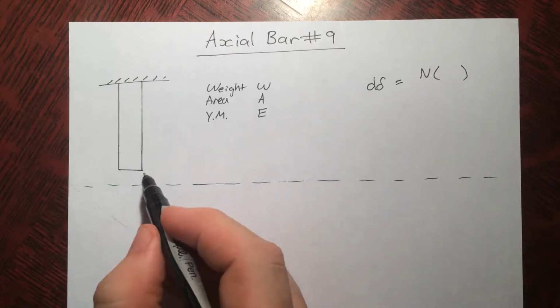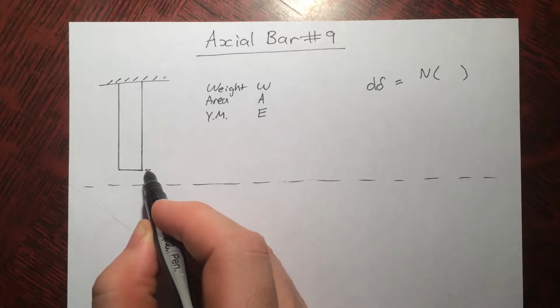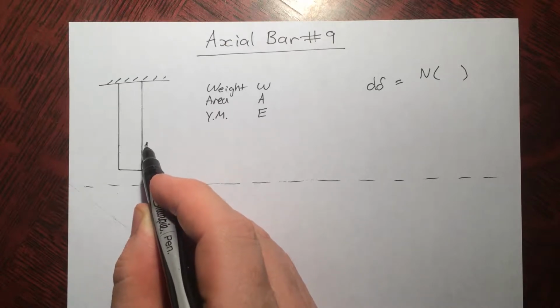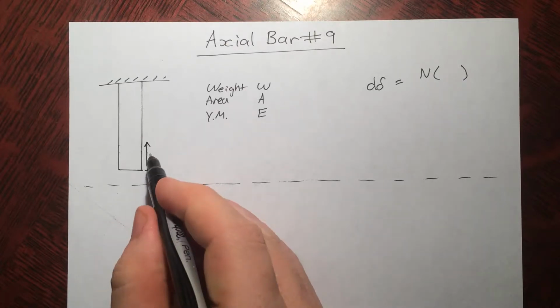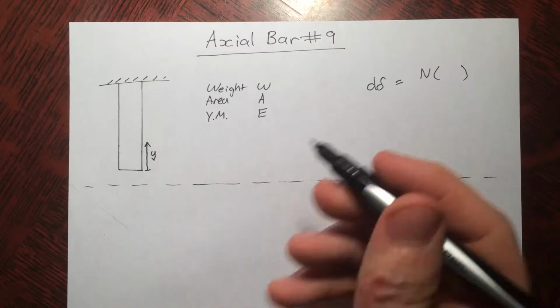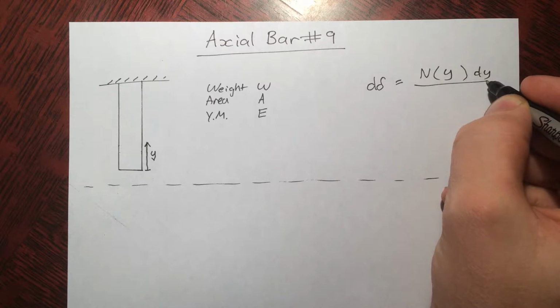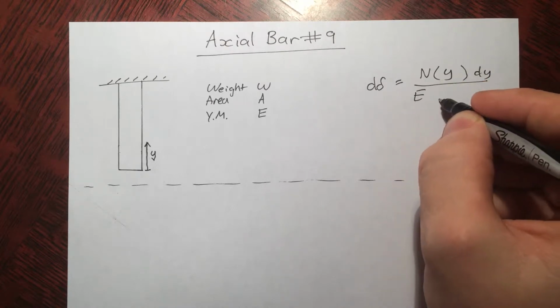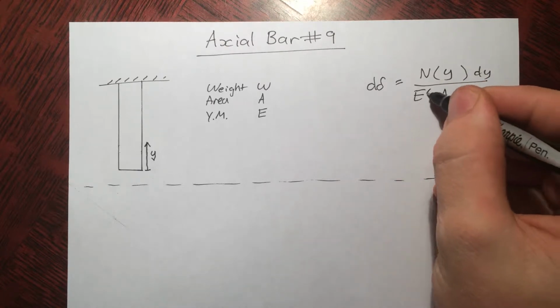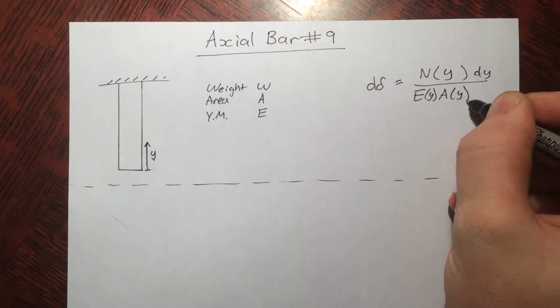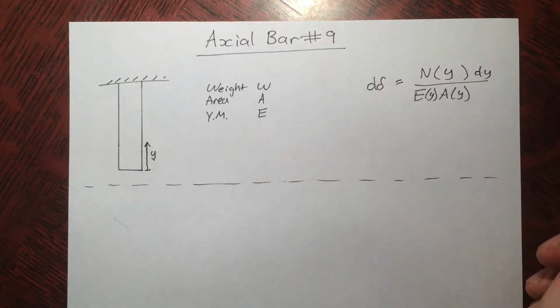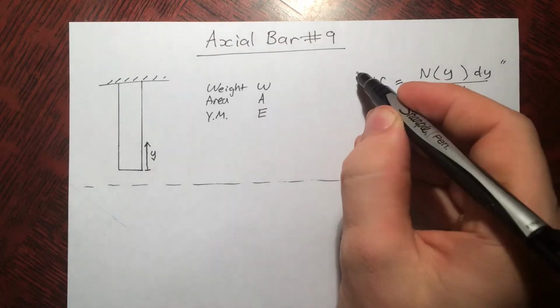But in this case, it makes sense to do it up and down like this. Y, let's just use y. So N is a function of y, dy over EA. We could call these functions of y, they're just constant functions of y in this case.